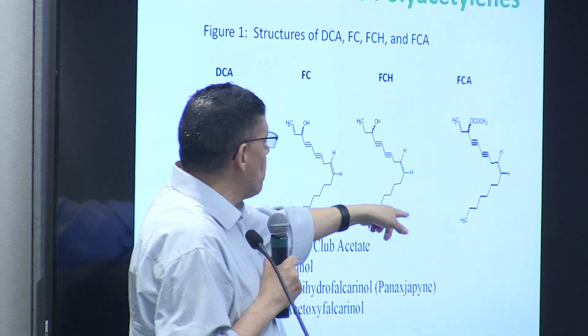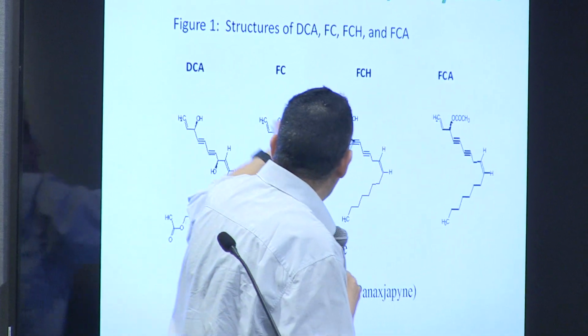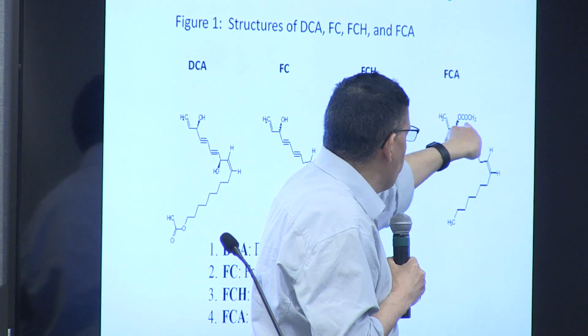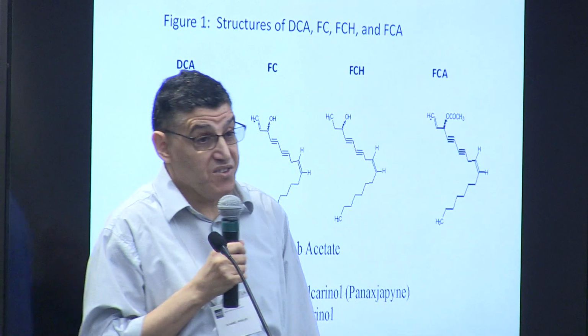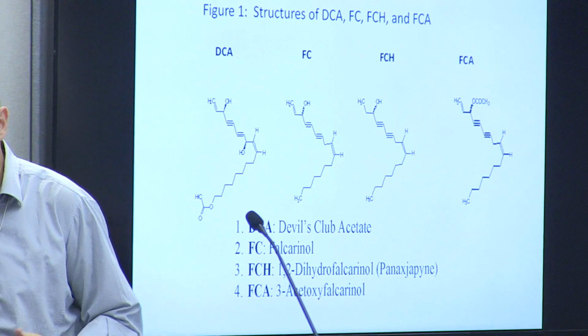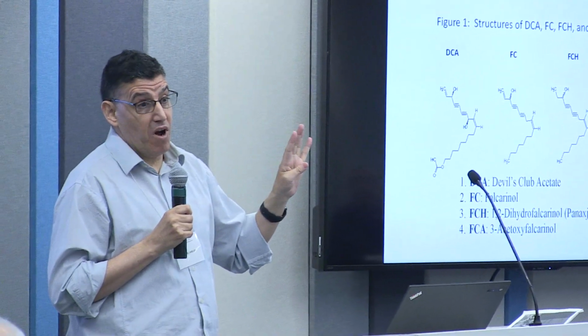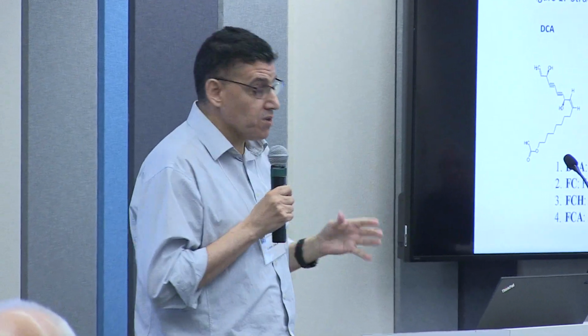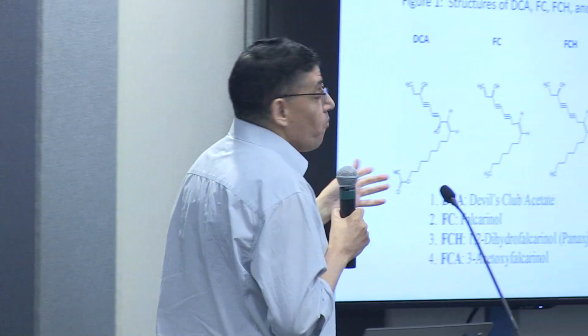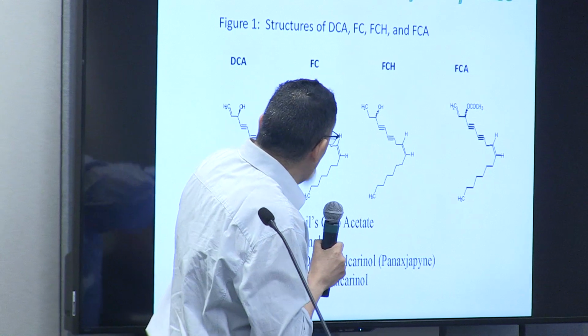And then I managed to make another analog of FC, by introducing a group here, which I called FCA. So far at BCIT, we have identified 4 bioactive anti-cancer compounds, but the most effective one is FC.